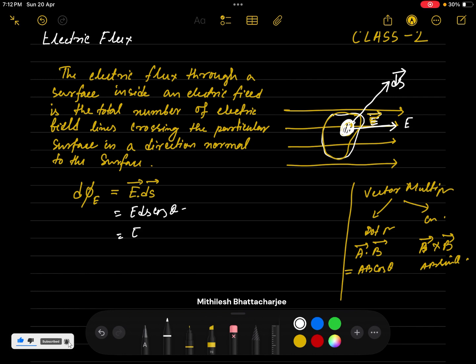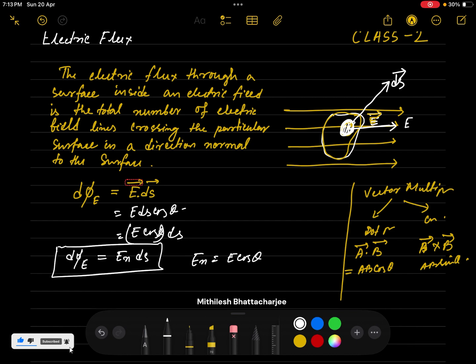So E cos theta into ds. So d phi is denoted as E n ds, where E n is the normal component of the electric field, E cos theta. Okay, fine. This is the format of electric flux.